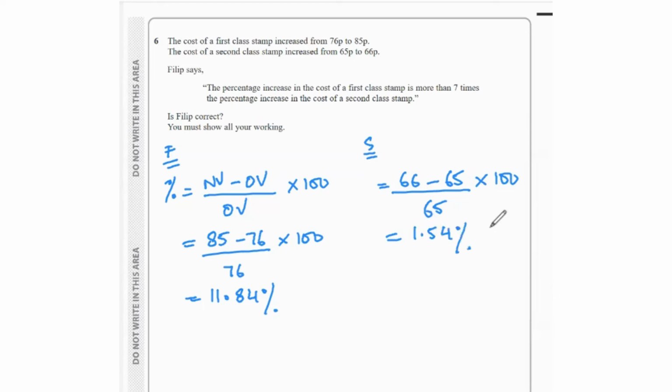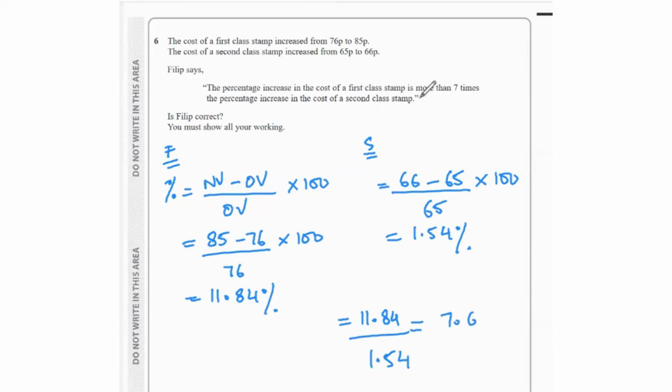So second class is increased by 1.54%. Now we have to show that the percentage increase in the cost of the first class stamp is more than 7 times the percentage increase in the cost of the second class stamp. For that, we just divide the percentage increase of first class by the percentage increase of the second class. And that gives us a value of 7.6.